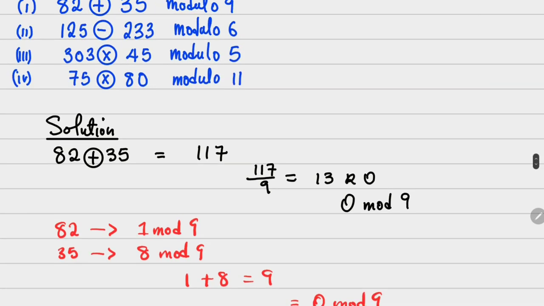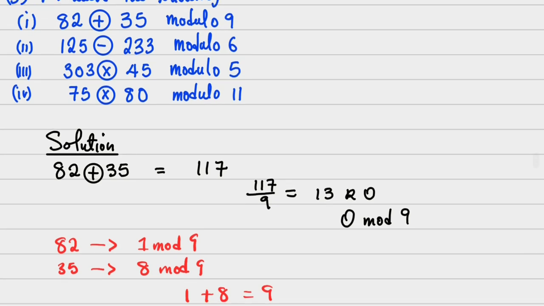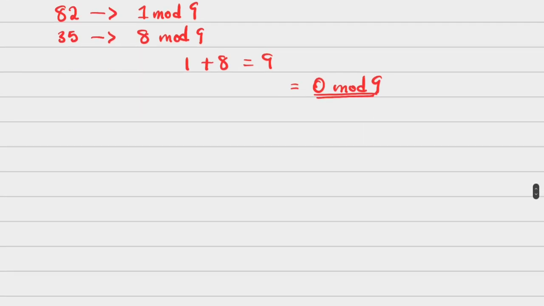Now let's go to the second question. And this way is very profitable for multiplication. 125 minus 233. Now if you do this, the answer will be minus 108. Then you change it to the simplest one. Remember, I taught you how to convert negative to positive.